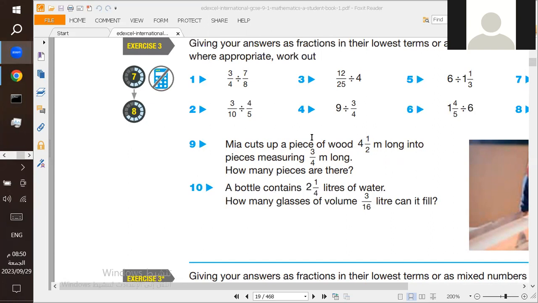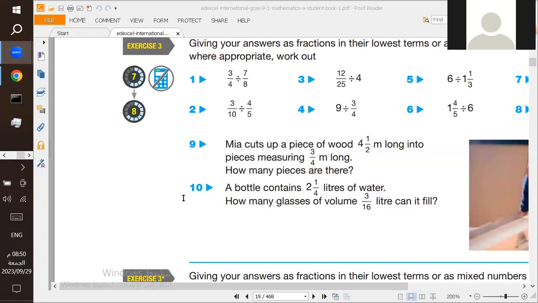So I'm going to divide this, and this one, I'm going to turn it into improper fraction. And then I'm going to follow the keep, change, flip steps. I'm going to keep this one after I turn it into improper, and then change dividing into multiplying, and then flip this. Okay. 4/3. And then I'll get my answer.